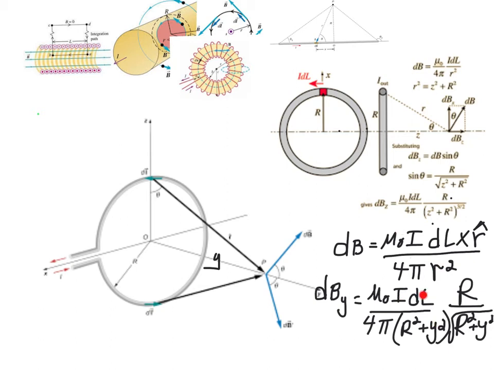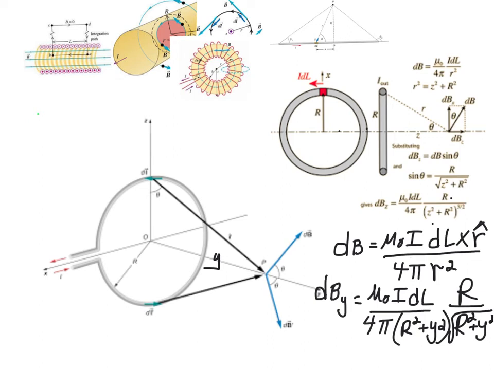So we have mu naught I dl over 4 pi r squared, which is r squared plus y squared. And then the cosine of theta is the adjacent r over the hypotenuse, the square root of r squared plus y squared. So this is r squared plus y squared to the 1/2 power, and that's how you get the 3/2 power.